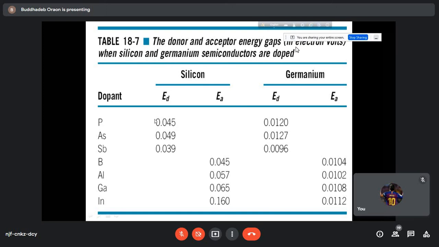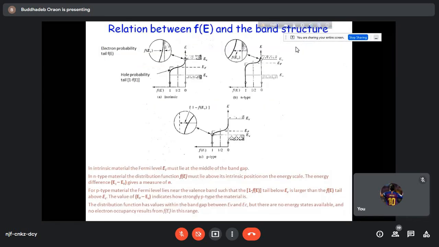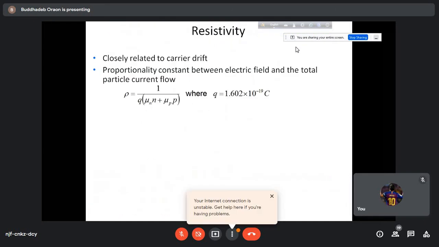So this is only a very small fraction of energy which the electrons have to cross, and this energy can be very easily provided to the electrons, and thus we can increase the number of electrons to a large extent. There are some more diagrams here for pure intrinsic type, N type, and P type also.